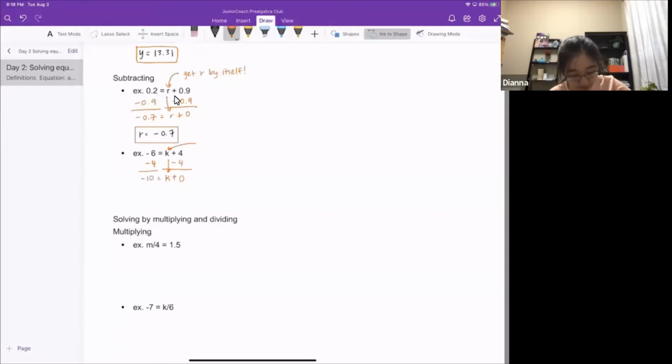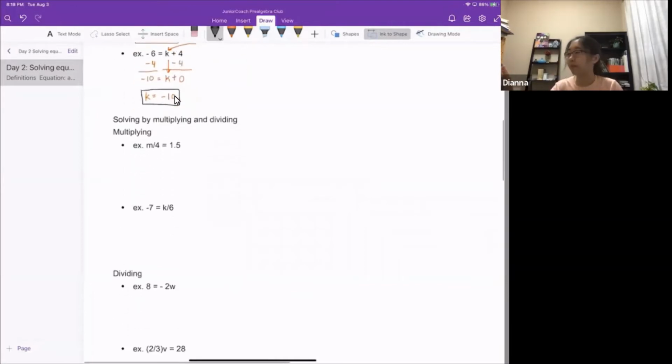It becomes more negative if I add another negative number to it. So then this is going to give me k equals negative 10. Maybe I'll write it bigger. Anyways, so that was addition and subtraction. So those are the most basic ones.